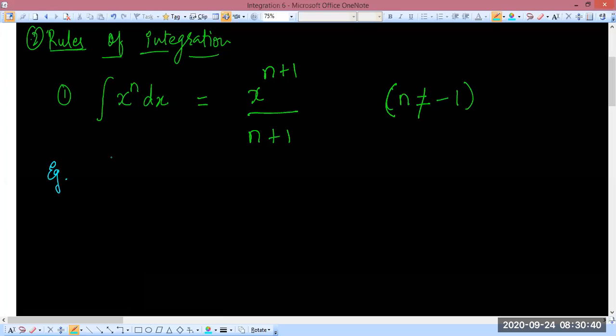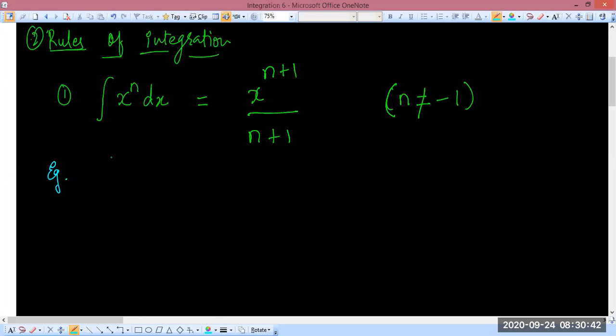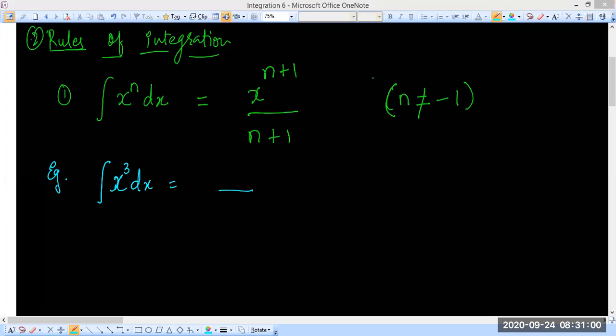Have a look. Here's your example, people. Watch it carefully. Compare this with the rule. What is n here? What's n, people? Yes, very good.